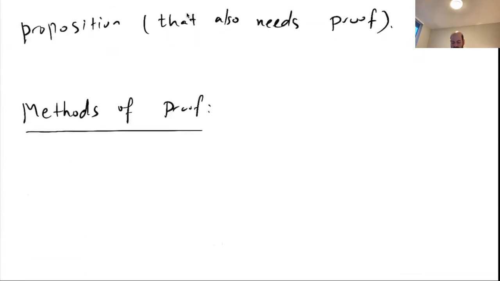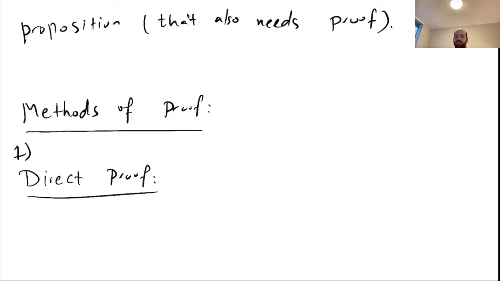So one method is direct proof. How does a direct proof work in mathematics?